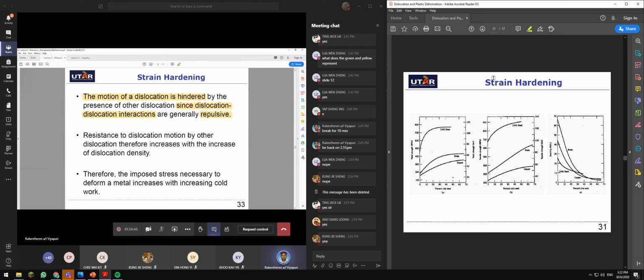Resistance to dislocation motion by other dislocations therefore increases with the increase of dislocation density. When you have higher dislocation density, the resistance of dislocation motion is increased. Therefore, the imposed stress necessary to deform a metal increases with increasing cold work.